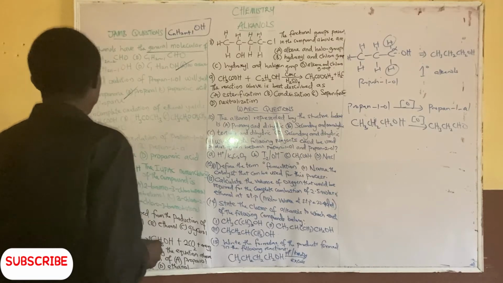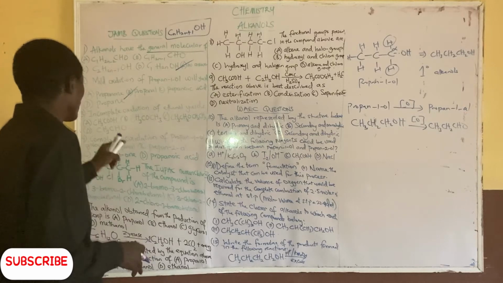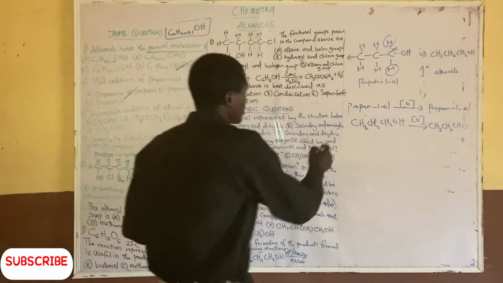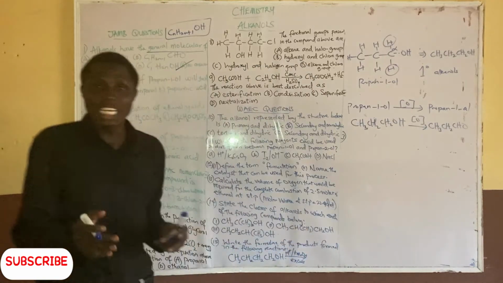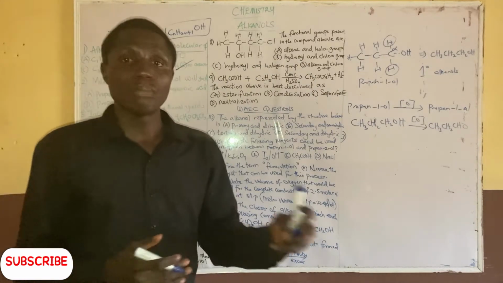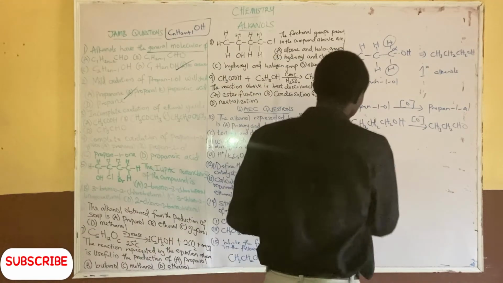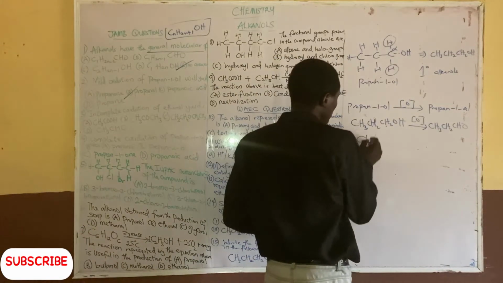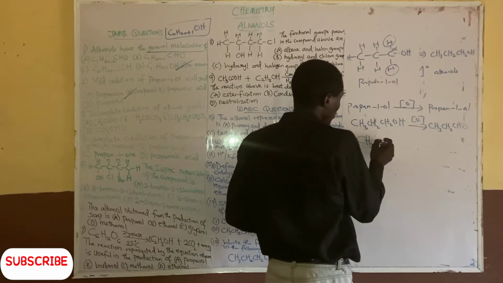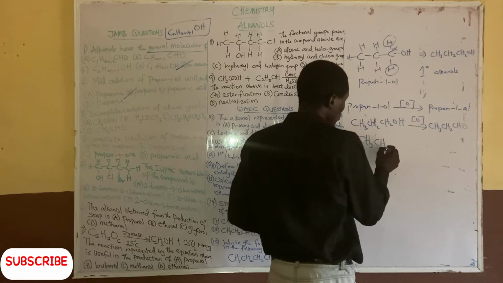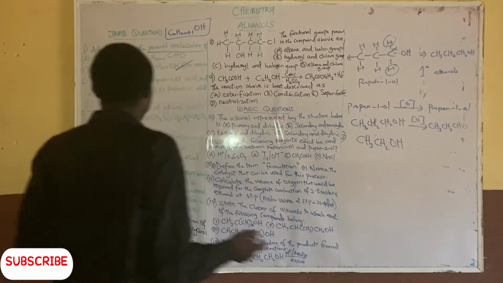Now, incomplete oxidation of ethanol. This is just a replicate of what we did in number 2. Incomplete oxidation also means mild oxidation. Ethanol is CH3CH2OH, or C2H5OH, whichever way you want to write it.